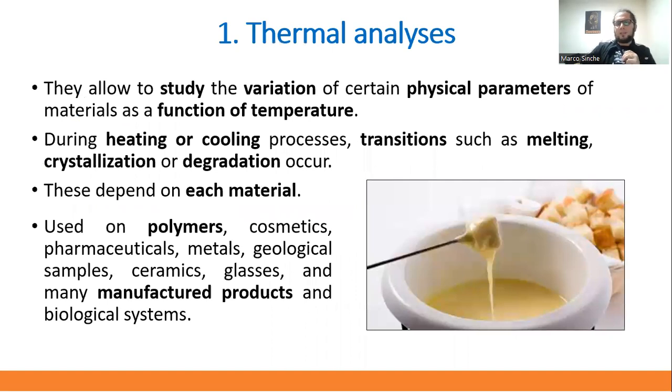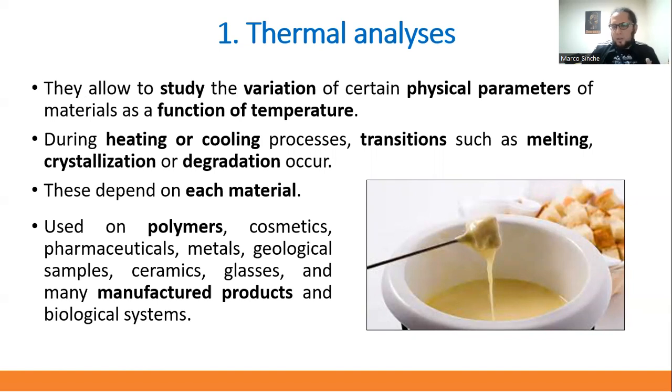So thermal analysis are techniques that allow to study certain physical parameters of materials as a function of temperature. It means that with, for example, heating or cooling processes, several changes occur.